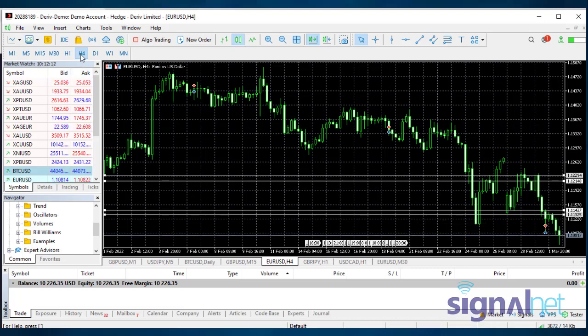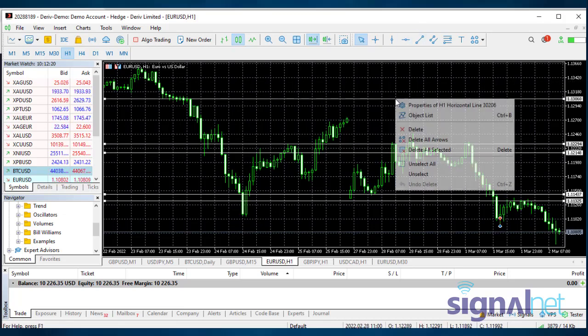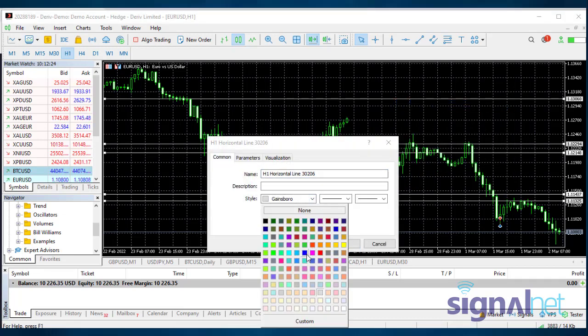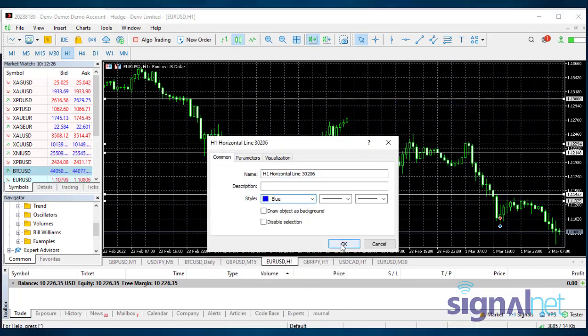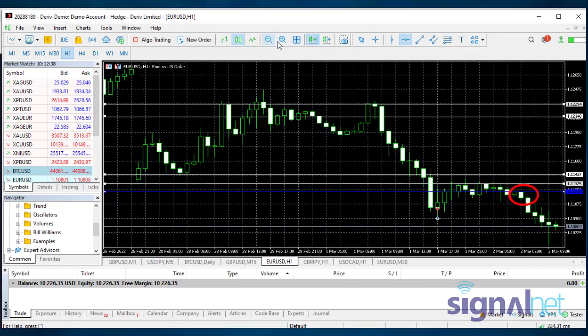Okay, for 1 hour, I go to 1 hour now. For 1 hour and 30 minutes, I usually just use blue most of the time. To change the color, you just right click on it, go to properties, fix the color that you have in mind, and take it to the turning levels on that. So this 1 hour, you can find the reversal level here. Let me zoom out so that I can see some of them better.